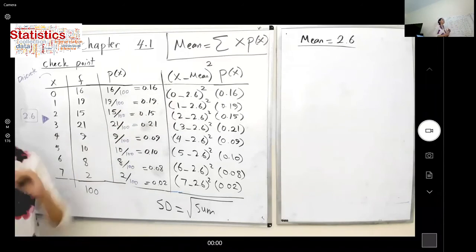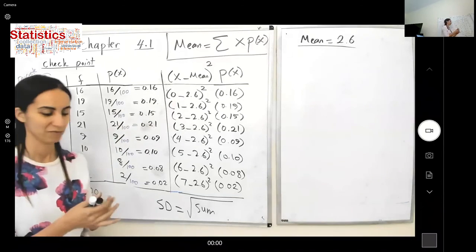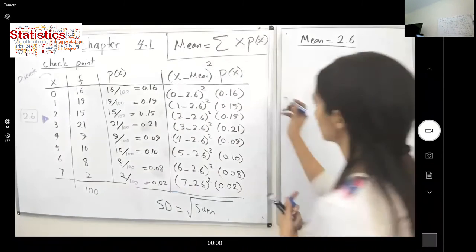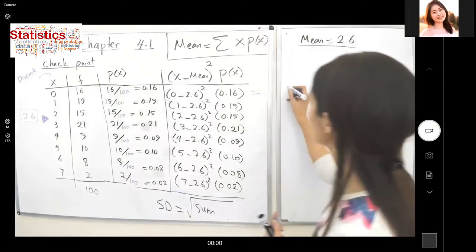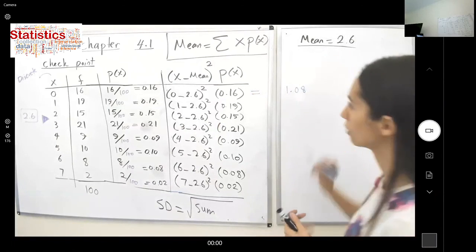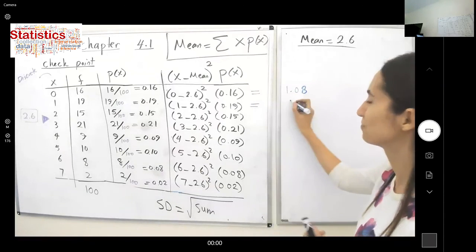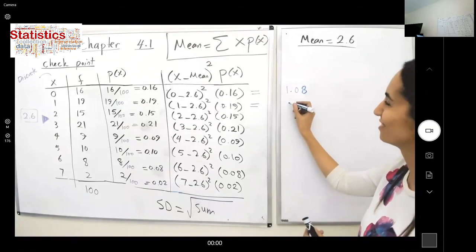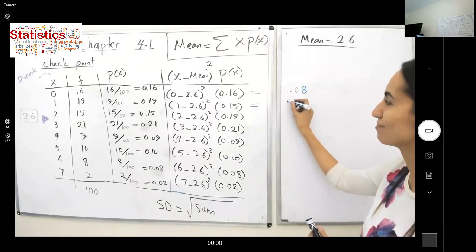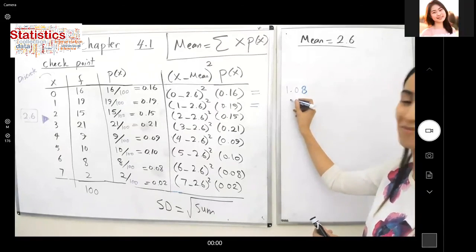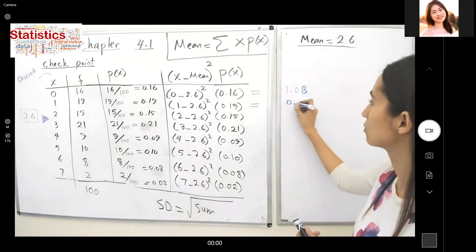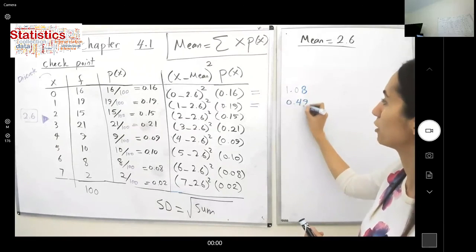So what is your first number? 1.08. The second number? 0.49. Okay.